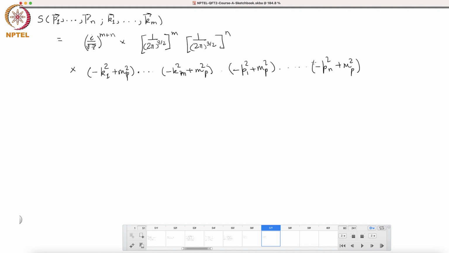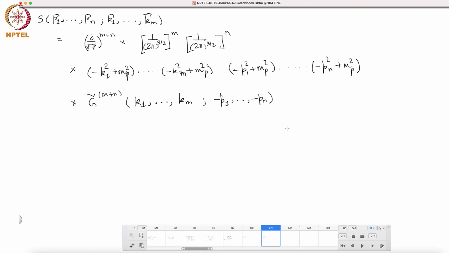Then what is left is g tilde, and here you will have k1 up to km, and then minus p1 up to minus pn.